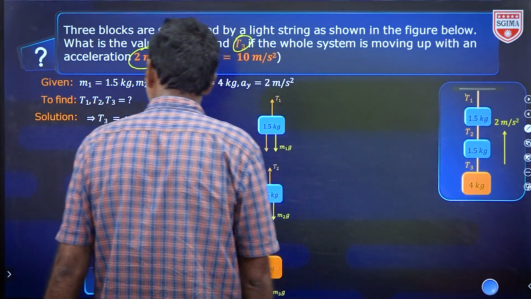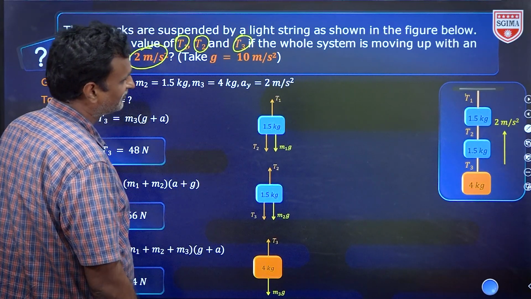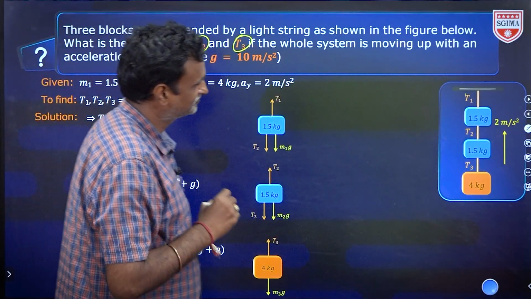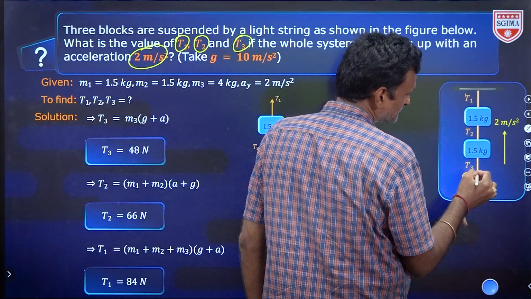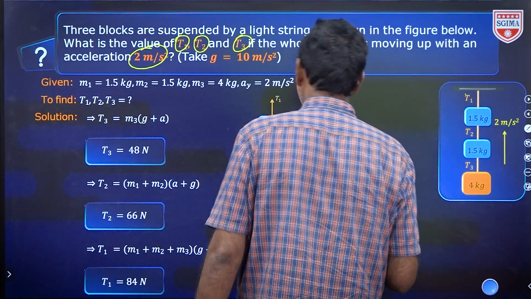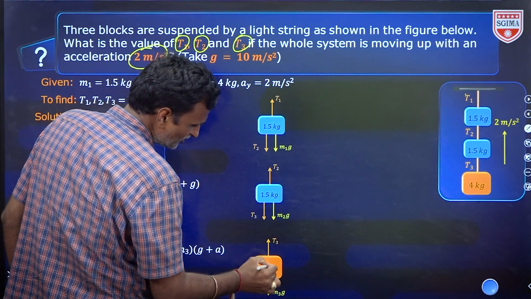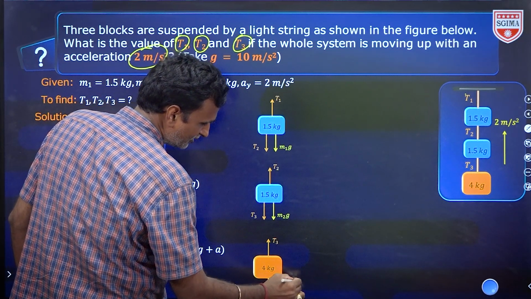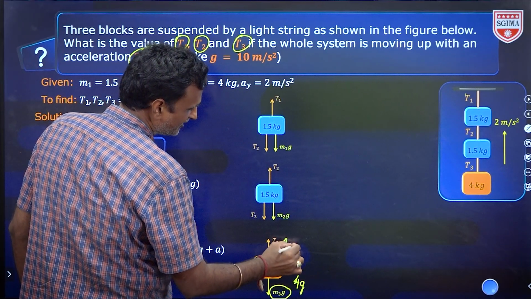Here the data given is 1.5, 1.5 and 4 kg, and the acceleration is given. So first T3. Just now I told you, we can start from the last block onwards. T3 means the 4 kg block. You can see here, the 4 kg block has downward force 4g and upward force T3.